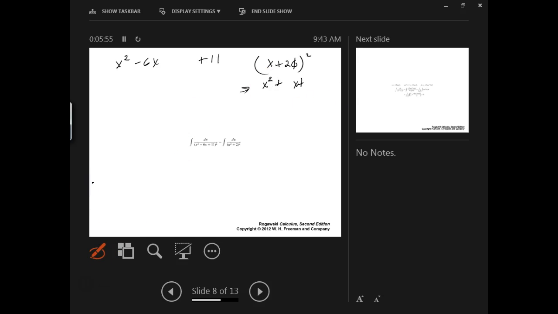Now, square that one. X squared, got it. 40x, 400. Okay. So it's a lot easier if that first coefficient is 1. Okay. So how did you do this?